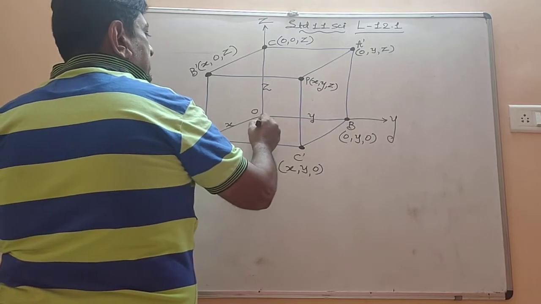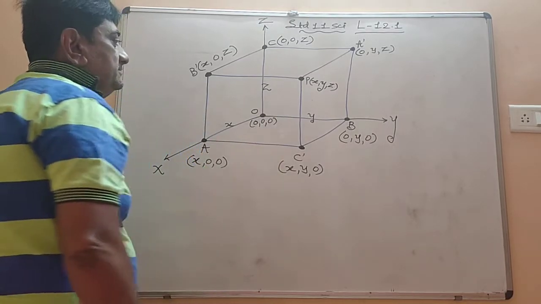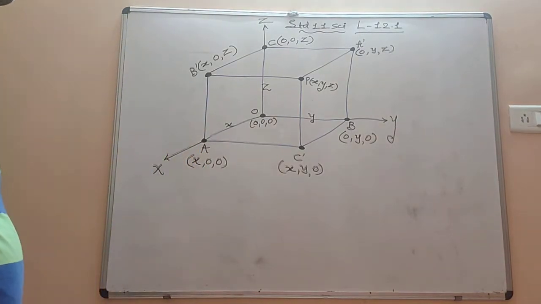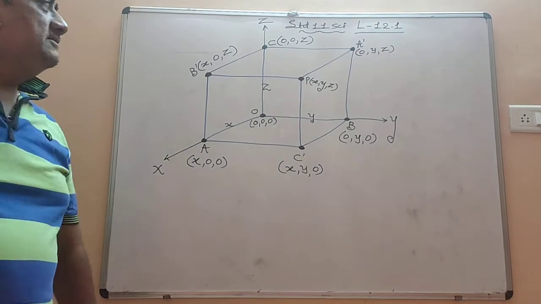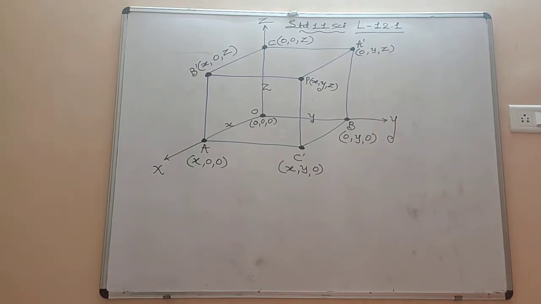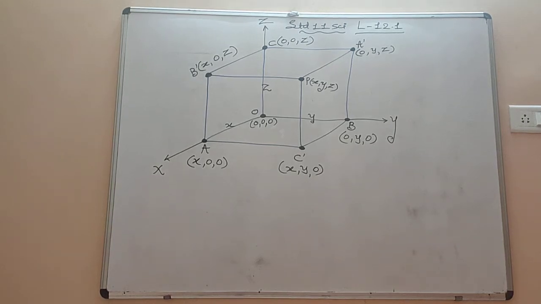And it is origin 0, 0, 0. See the figure of three-dimensional. O is origin, OA is x distance, OB is y distance, and OC is z distance.